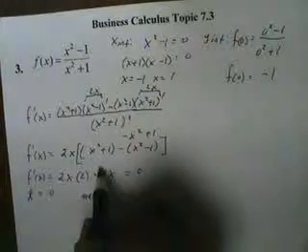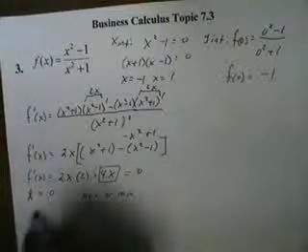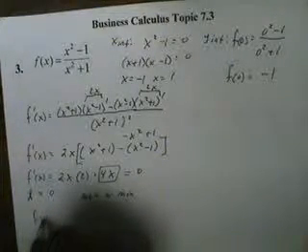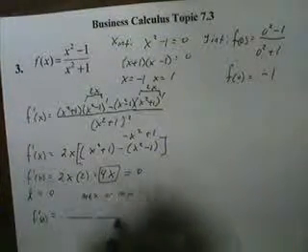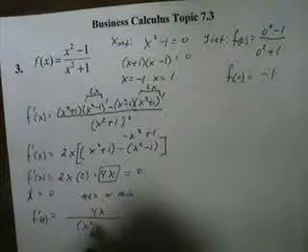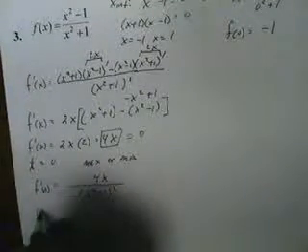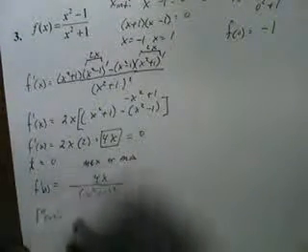So we know the numerator for the function f prime of x is 4x. So let's recreate the function: 4x all over x squared plus 1 all squared. And for our second derivative, we'll again use the quotient rule.